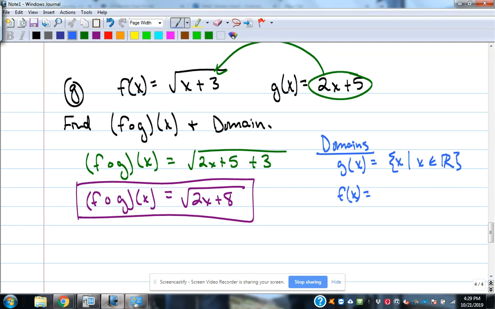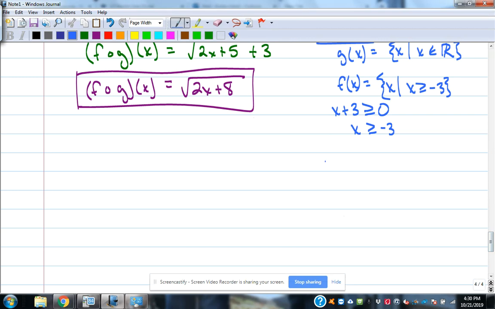So we take what's inside of the square root, x plus 3, and set it greater than or equal to 0. We solve that, and that's going to get us the domain for f of x. So that'd be x has got to be greater than or equal to -3. So that's the domain of f of x. So I need to find out when is g of x going to be greater than or equal to -3.